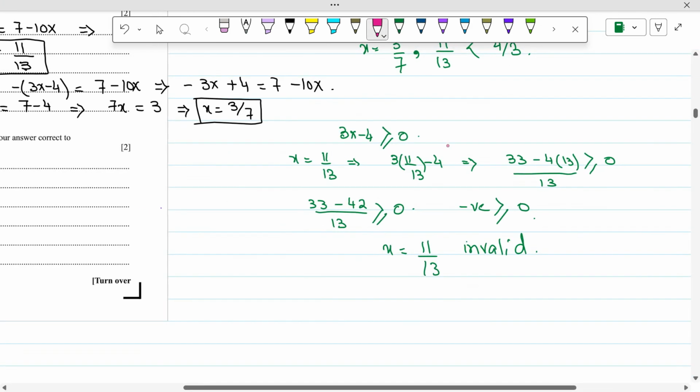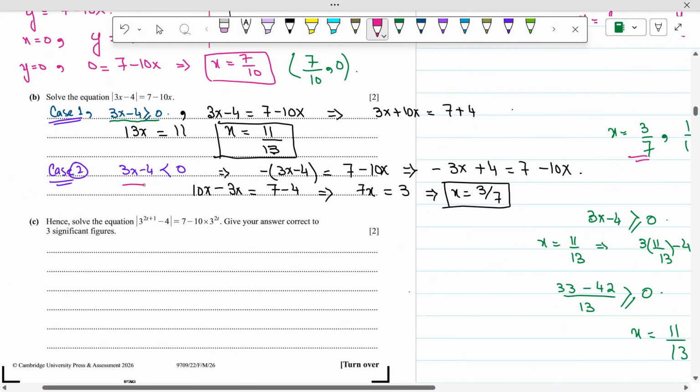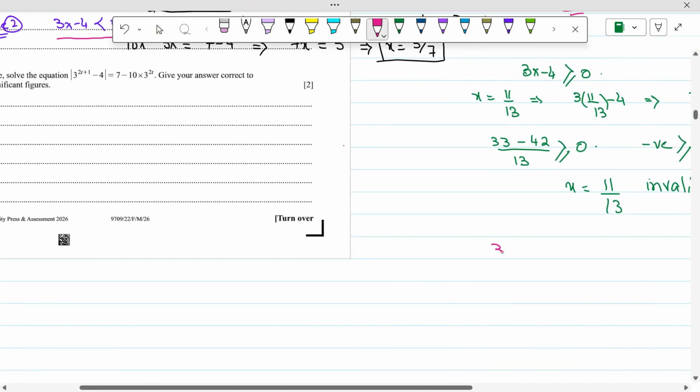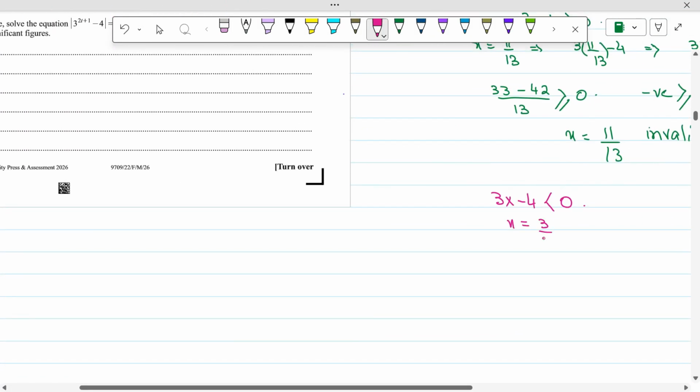On the other side, the second solution 3 over 7 should satisfy the condition 3x minus 4 less than 0. In this case x is 3 over 7.